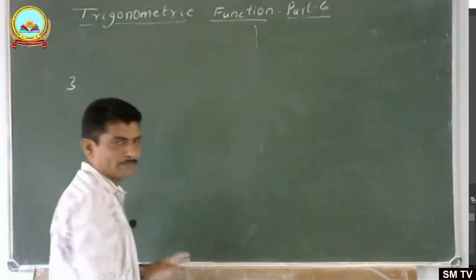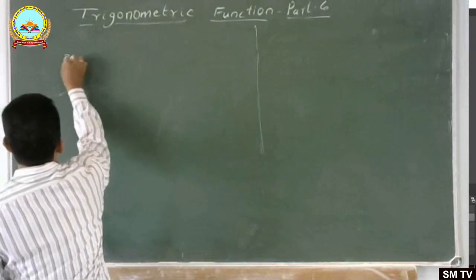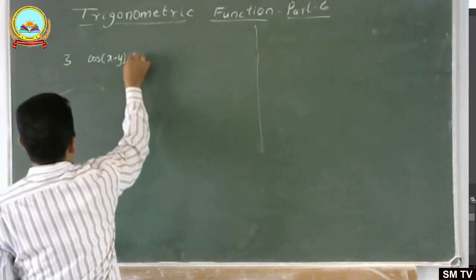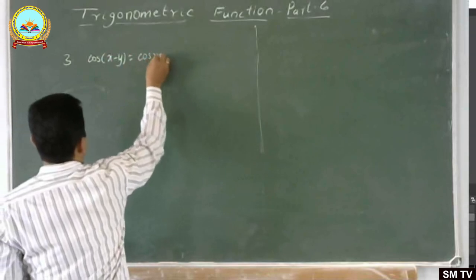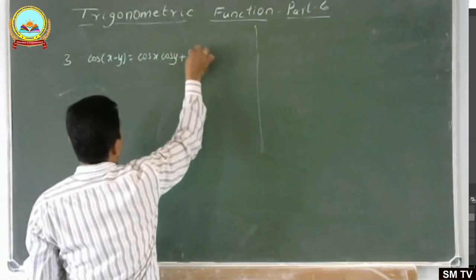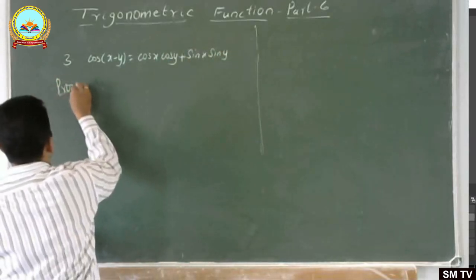The proof is very simple. Remember the third result: cos of x minus y is equal to cos x cos y plus sin x sin y. The proof is very simple.